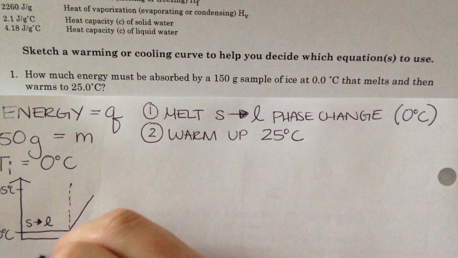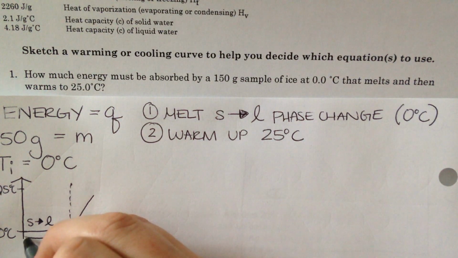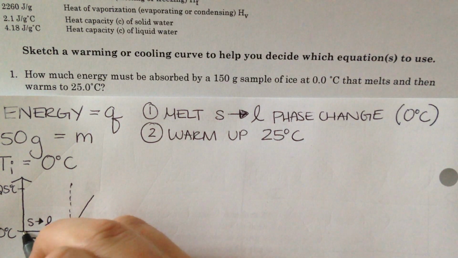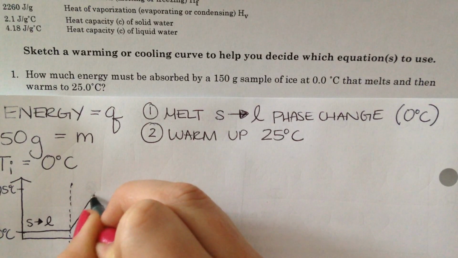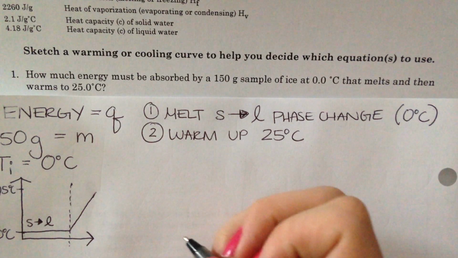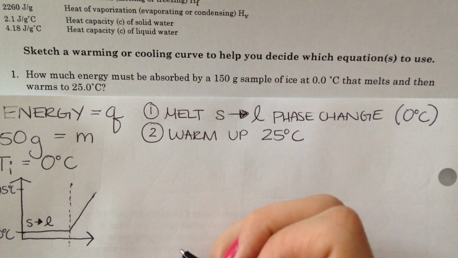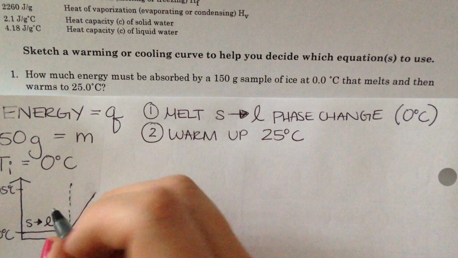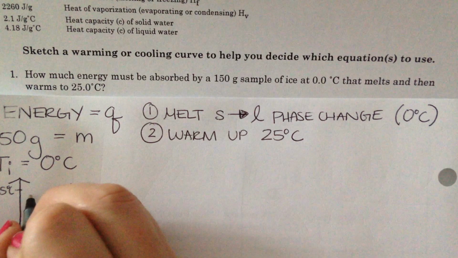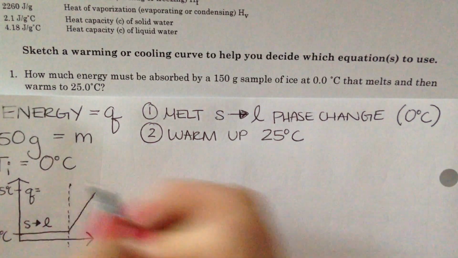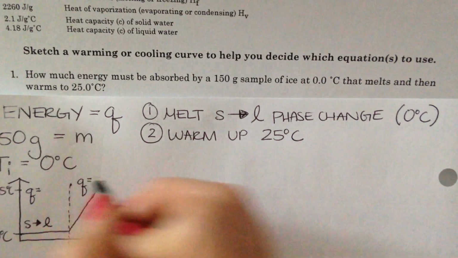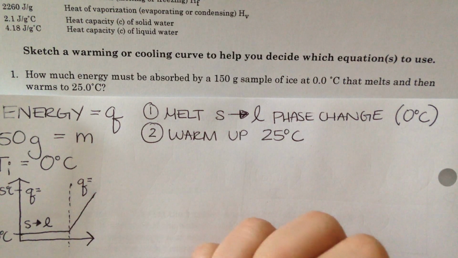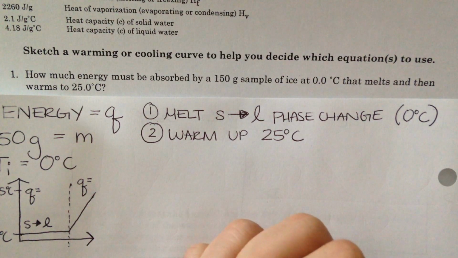I'm trying to find my overall energy from when it starts as ice to when it warms up to 25 degrees Celsius as a liquid. So I have to split my problem into two chunks. I first need to find what my Q is, how much energy is needed to melt the ice, and then I need to find out how much energy is absorbed by the water as it warms up to 25.